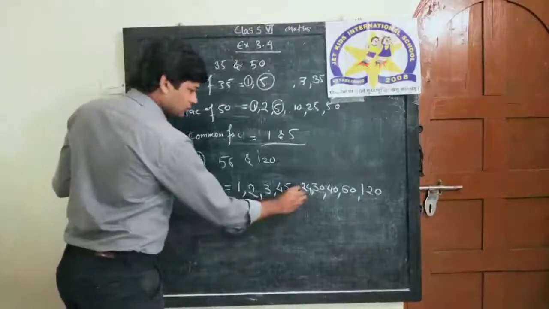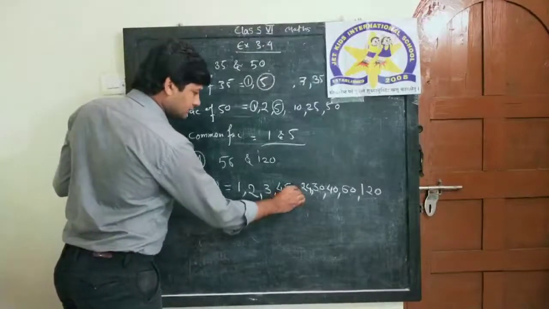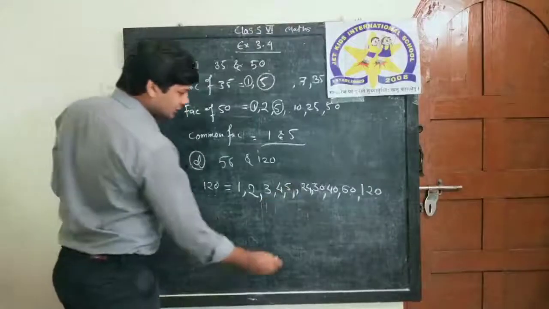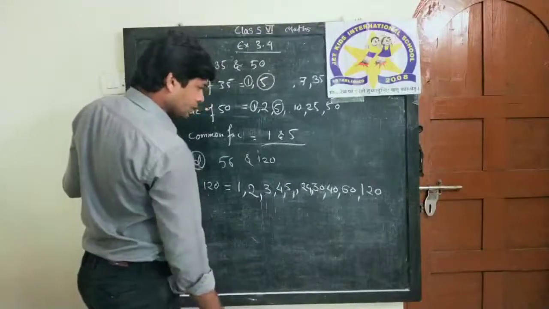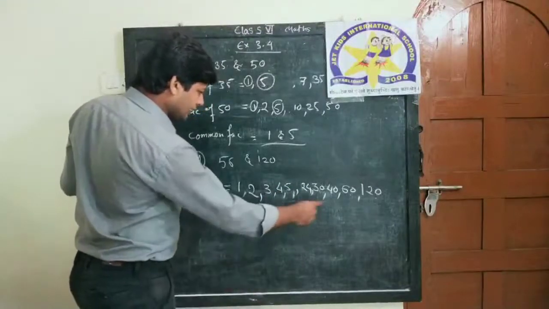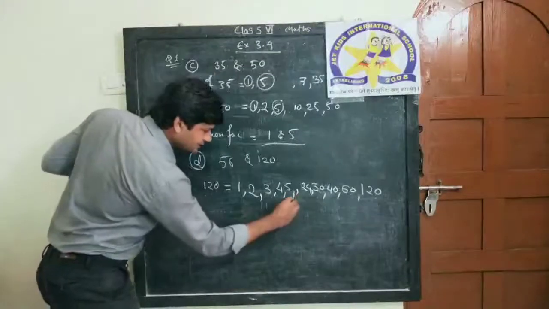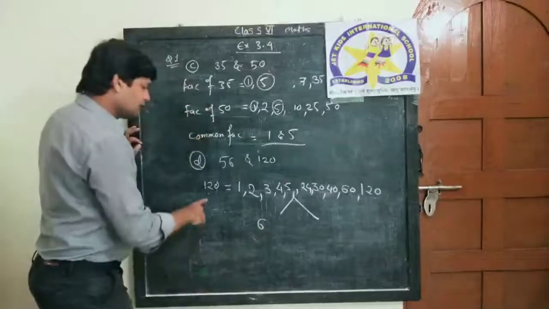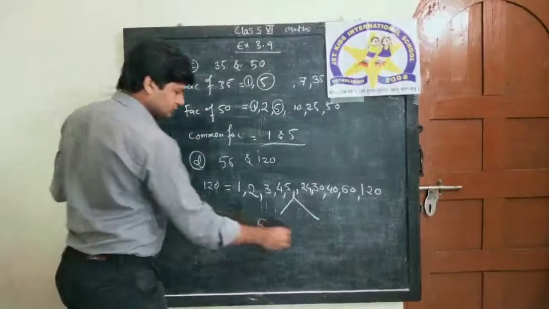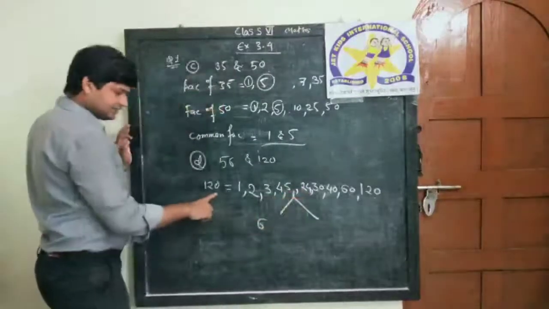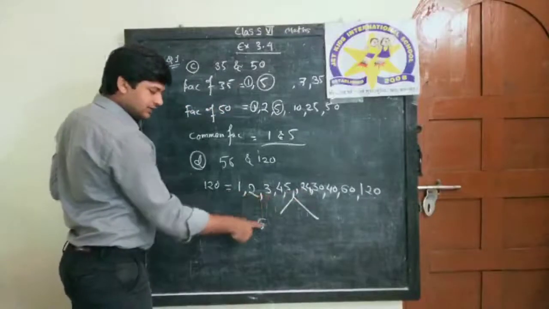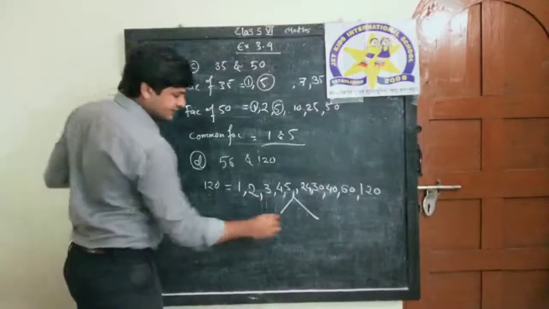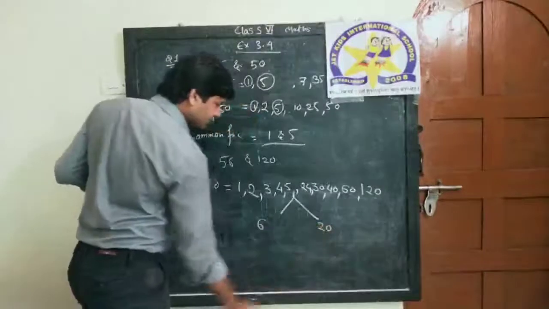Now we have one more thing. It is also divisible by 6. We are lacking space over here, so I am writing this over here. So 6 multiplied by how much? After 5 it is 6. If it is divisible by 2 and 3, it is also divisible by 6. 6 multiplied by 20.